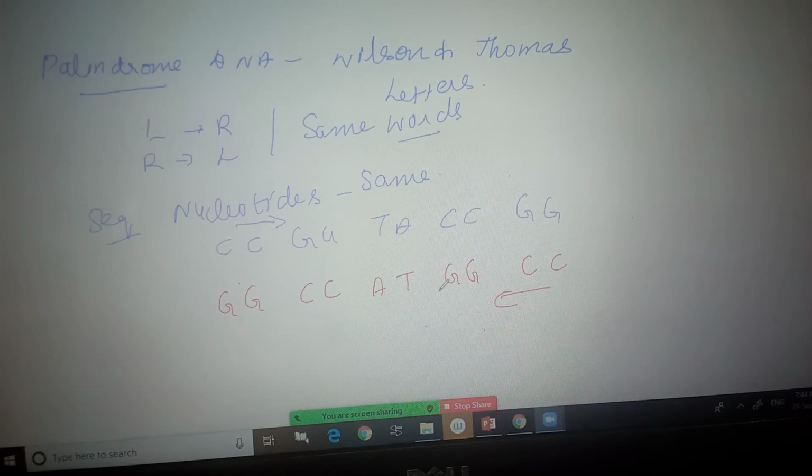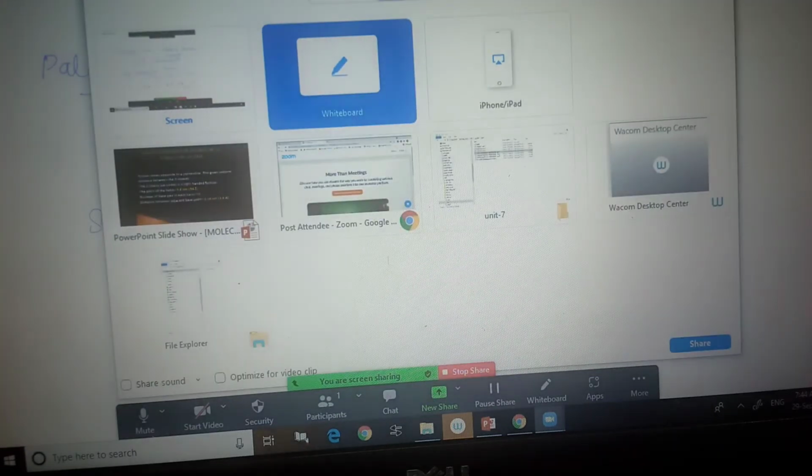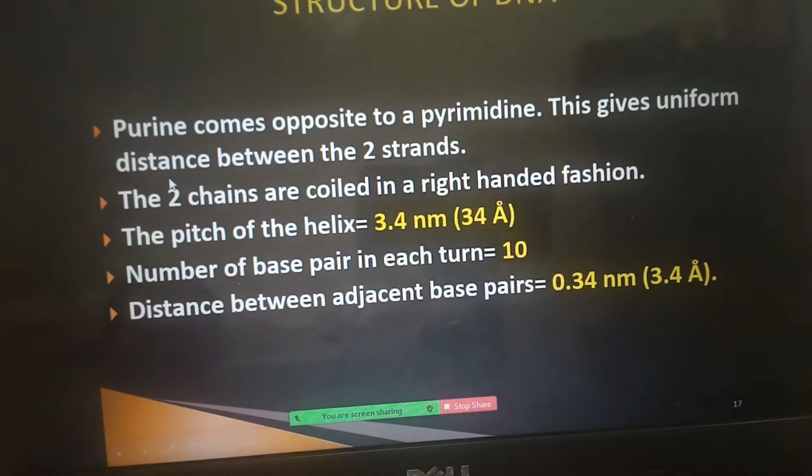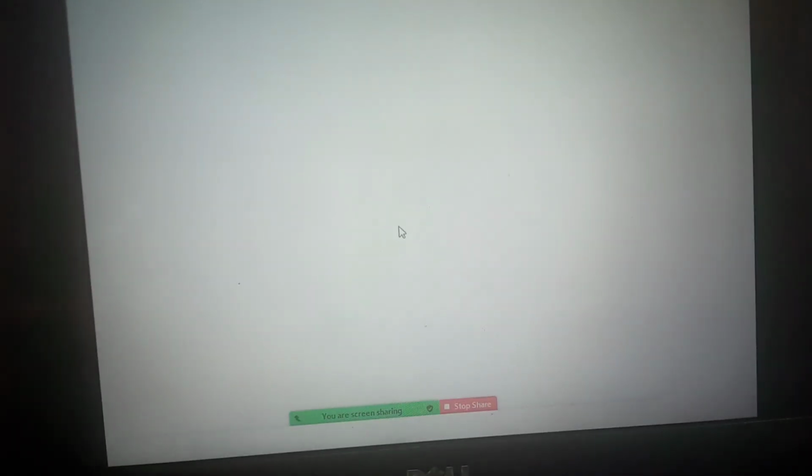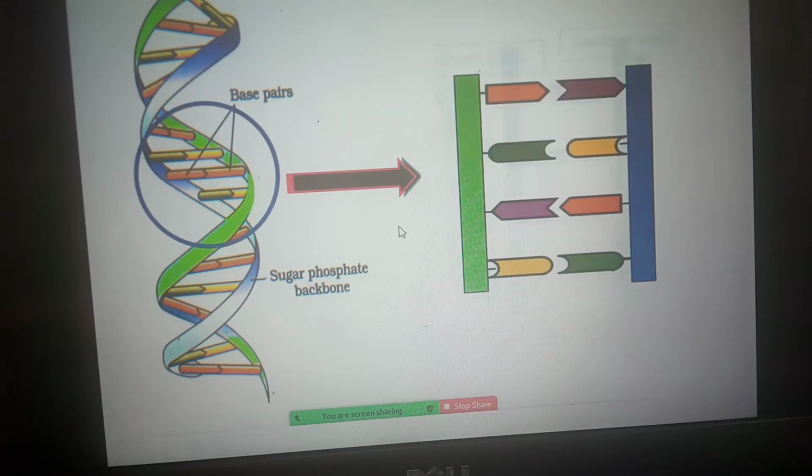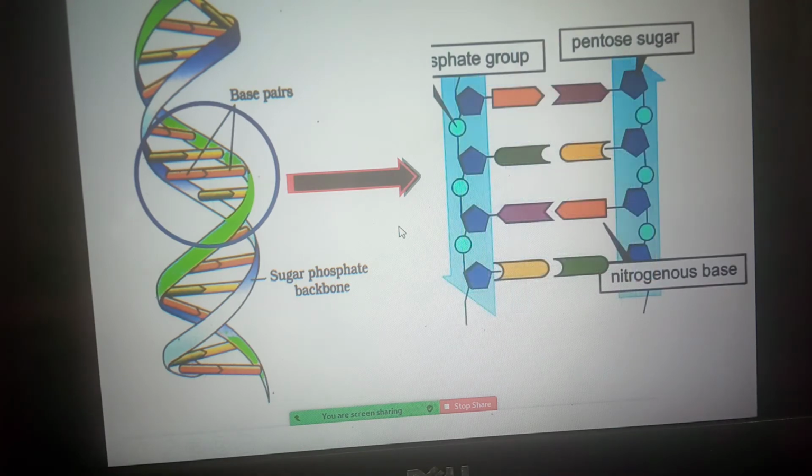Right? Now we go to this. You can look at this, which constitutes the backbone here, pentose sugar and phosphate, with the nitrogen bases projected inside.